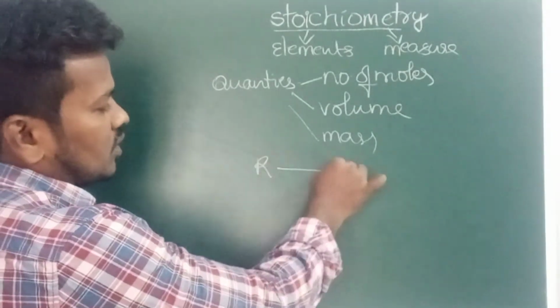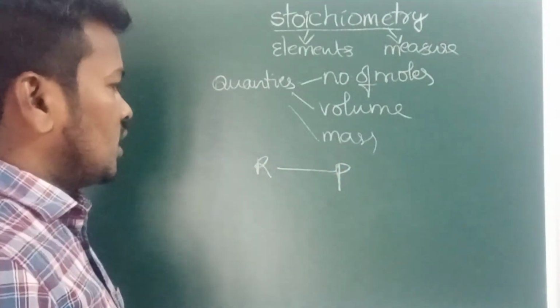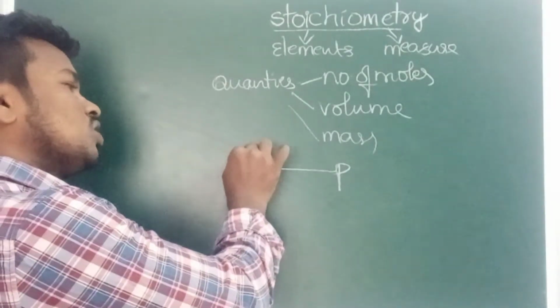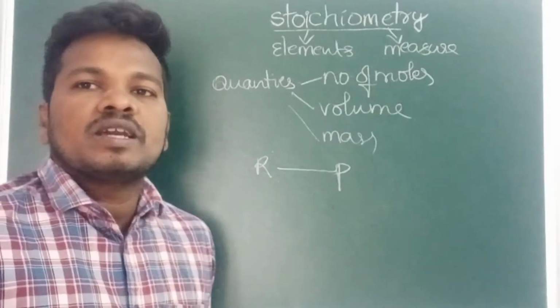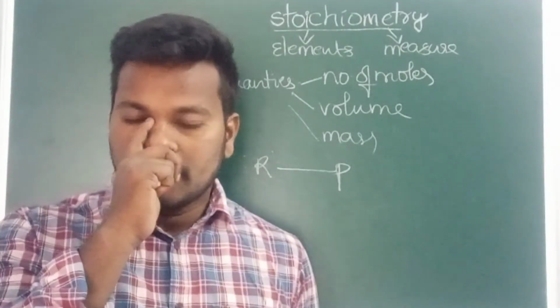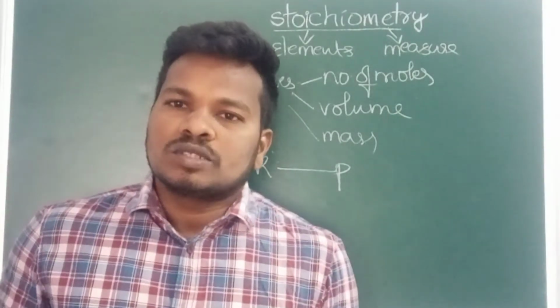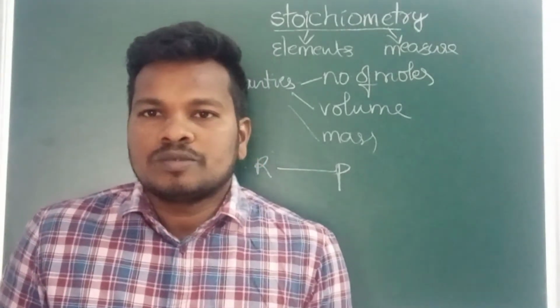For example, R gives rise to P. Here, the substances which initially participate in the chemical reaction are the reactants. A chemical reaction is nothing but a rearrangement of atoms. That is what is called a chemical reaction.